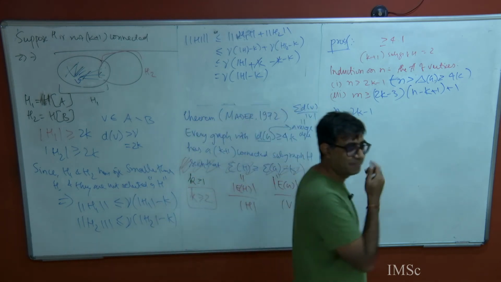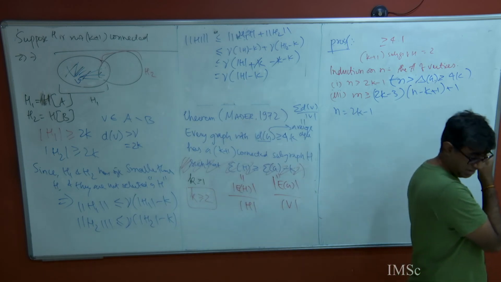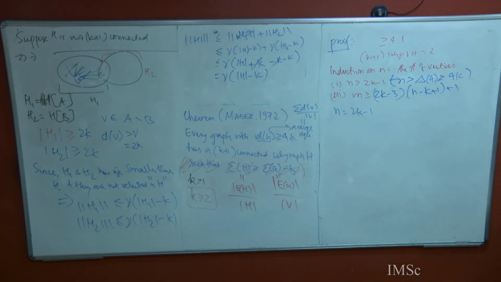If a graph has average degree 4k, then I claim there is a vertex of degree at least 4k. It's an averaging argument. So if something is an average, I can also say there exists a vertex of degree at most 4k, and there exists a vertex of degree at least 4k, because of the averaging argument.